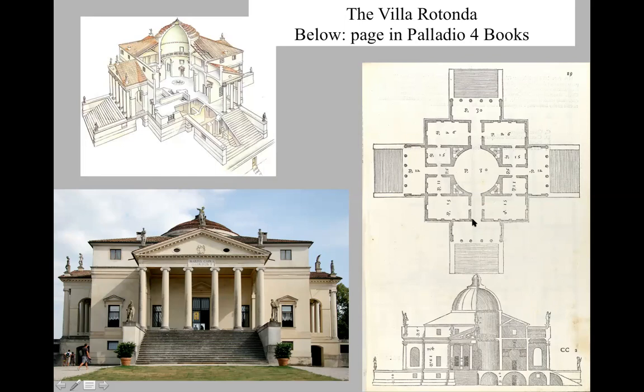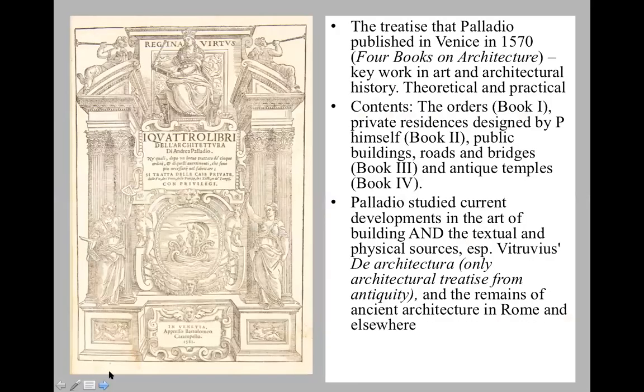So it's an extraordinary building. Not at all convenient, I would think, for a country house which had farming functions. But anyway, enormously influential. So this is his book, the Four Books on Architecture, I Quattro Libri dell'Architettura.